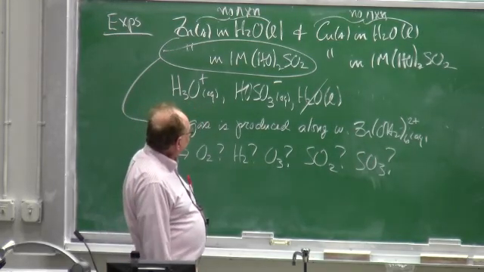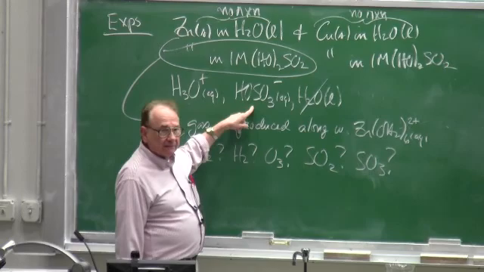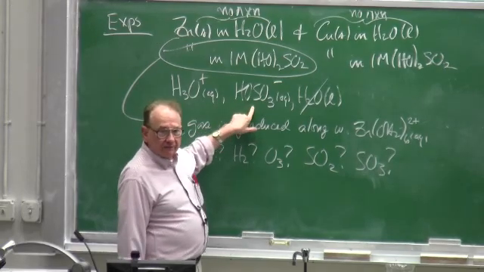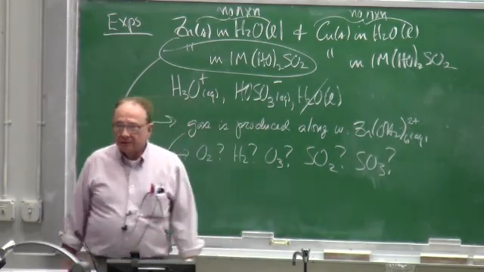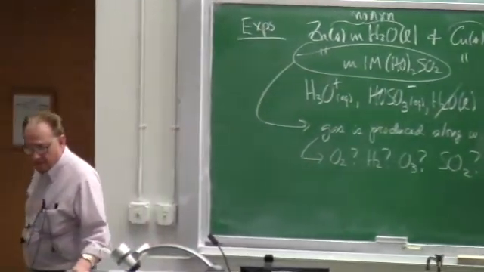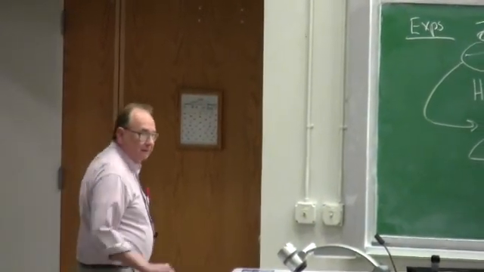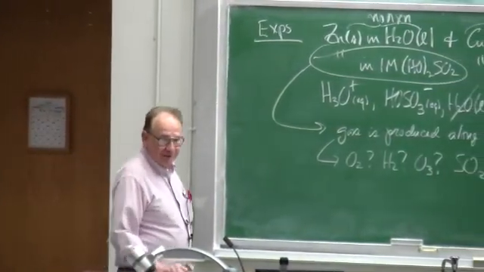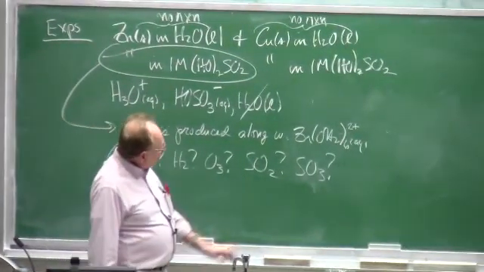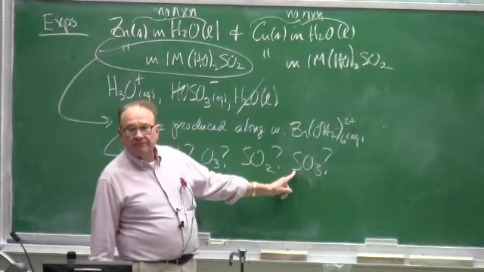Now tell me, in the hydrogen sulfate ion, what's the oxidation state of sulfur? What would you do to find out? Lewis structure, partial electron. What's the oxidation state of sulfur in this stuff?